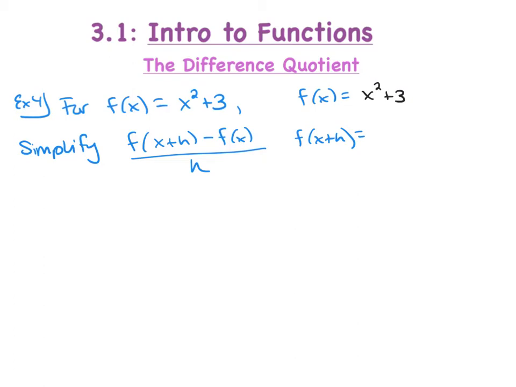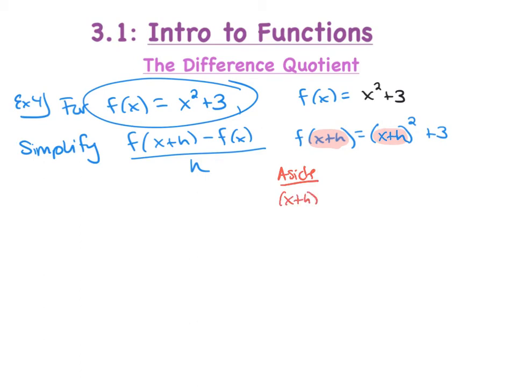And f of x plus h is everywhere you see an x in f of x, put parentheses. So parentheses squared plus 3. And into those parentheses, we're going to put x plus h. So we have x plus h squared plus 3. Okay, x plus h squared. Let's go over here and do a little aside.